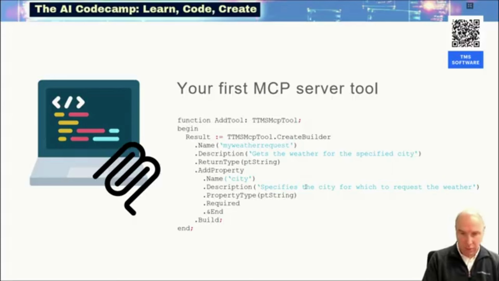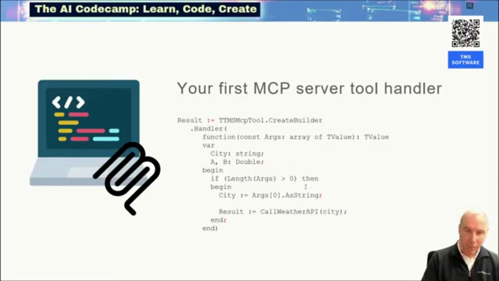In addition, we also have the property that a parameter can be either required or not required. That information is sent to the LLM. The LLM will decide whether it will effectively add this parameter when, for example, it is marked as a not required parameter. And then, of course, the tools that we define for our server also need to be handled.